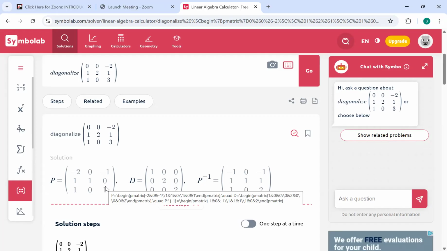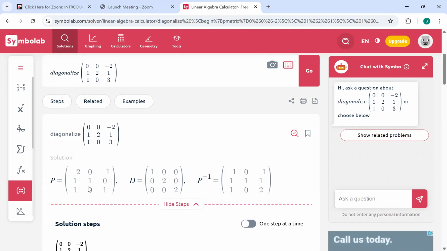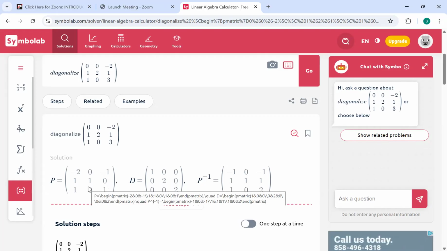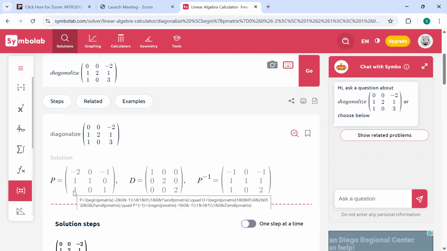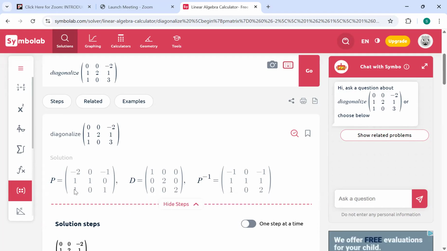The second column is exactly the same as our second column. And the first column of this matrix P is actually our third column. Remember, the P's were the eigenvectors corresponding to the eigenvalues, right? So the order of these doesn't matter. So that's how this one is done.